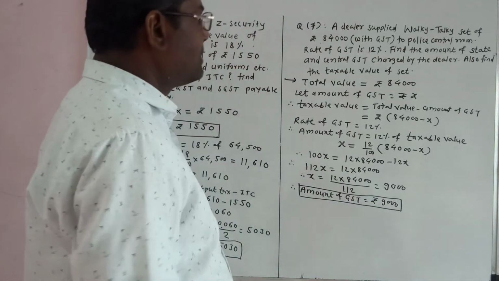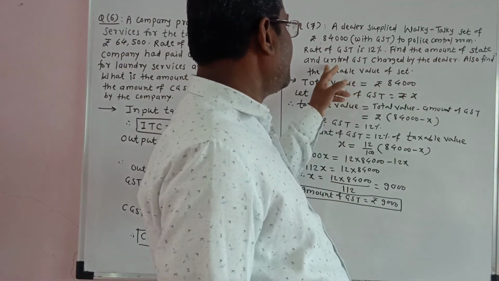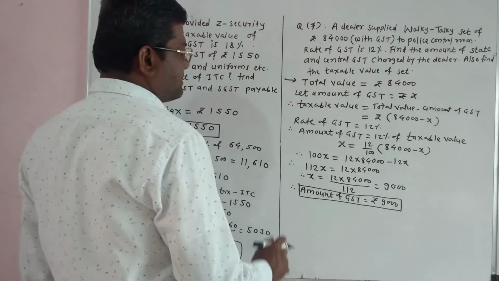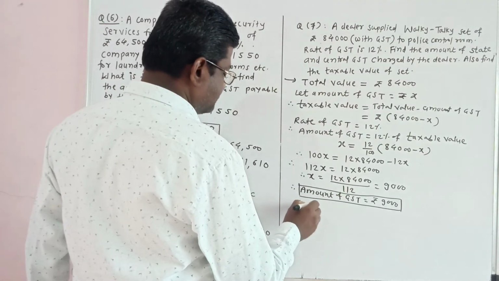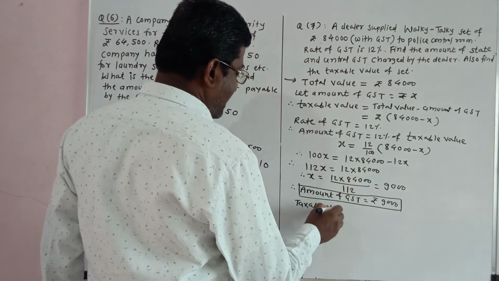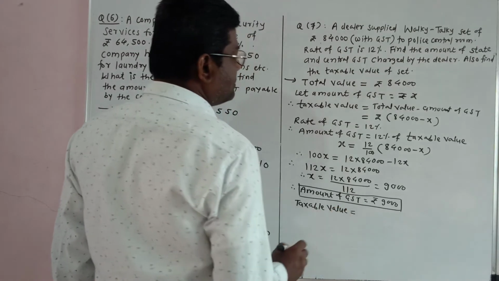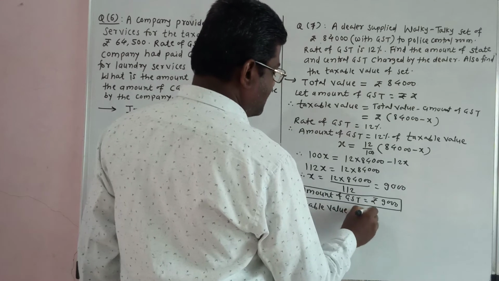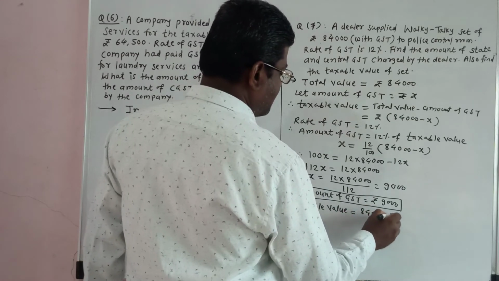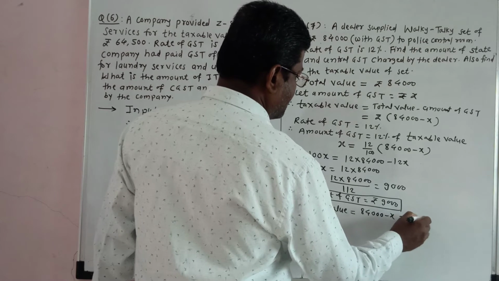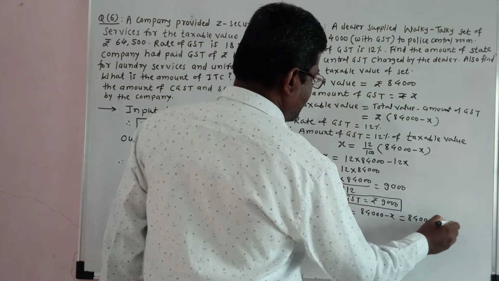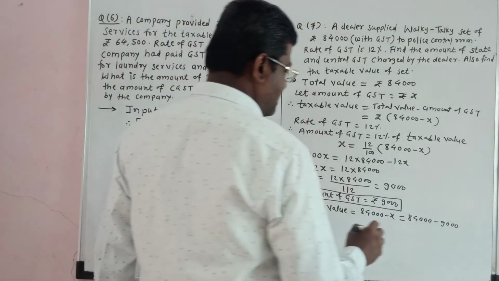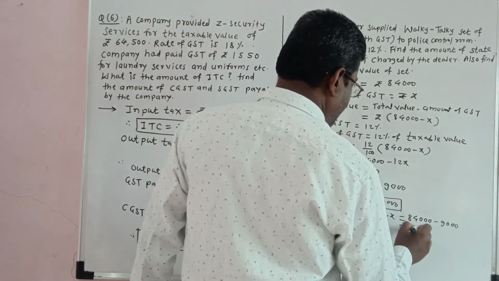So find the amount of state and central GST. Also find the taxable value. Let's find the taxable value. Taxable value is equal to 84,000 minus X, which is 84,000 minus 9,000, equal to 75,000.